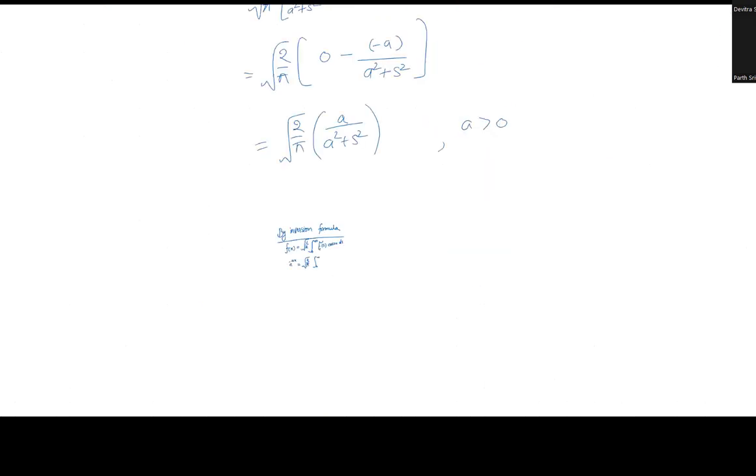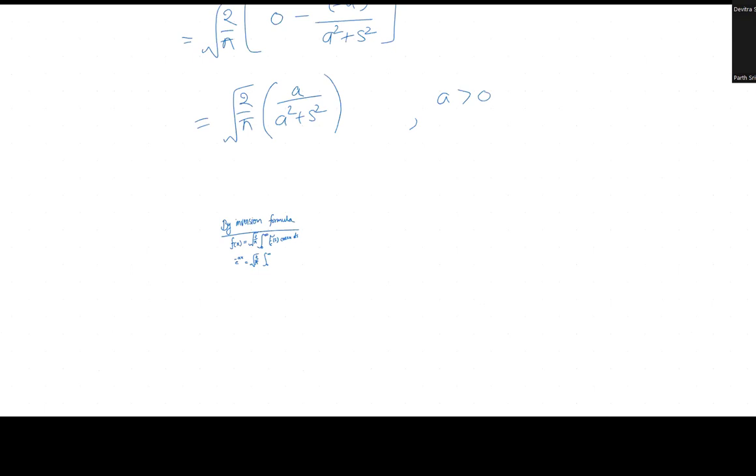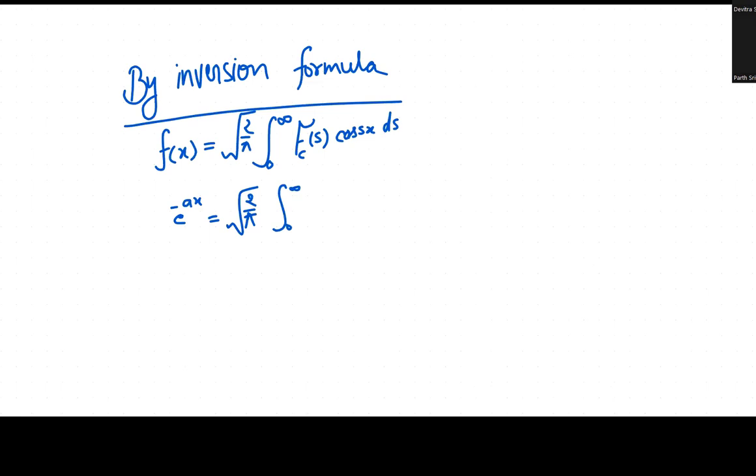So let us write here Fc(s), which is square root of 2 over pi into a over a squared plus s squared, and cos sx ds.